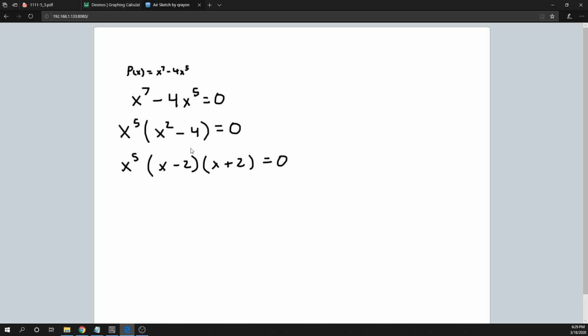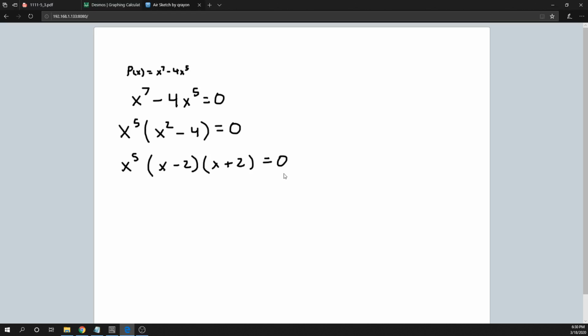Now I basically have the left side completely factored, and you might notice this is the factored form of that polynomial up here. Now I've got three things that are being multiplied: x to the 5th times x minus 2 times x plus 2, and I get 0.